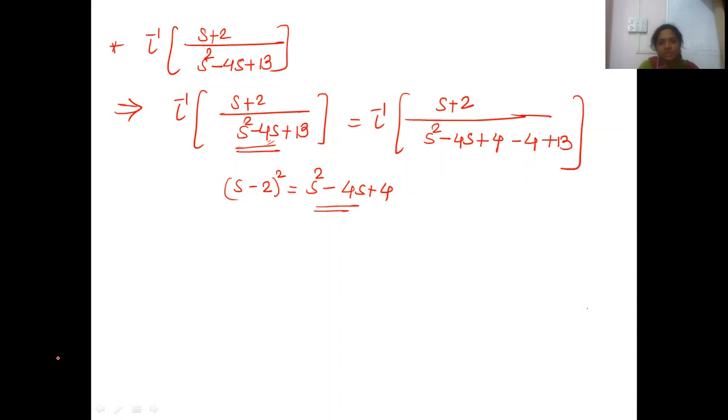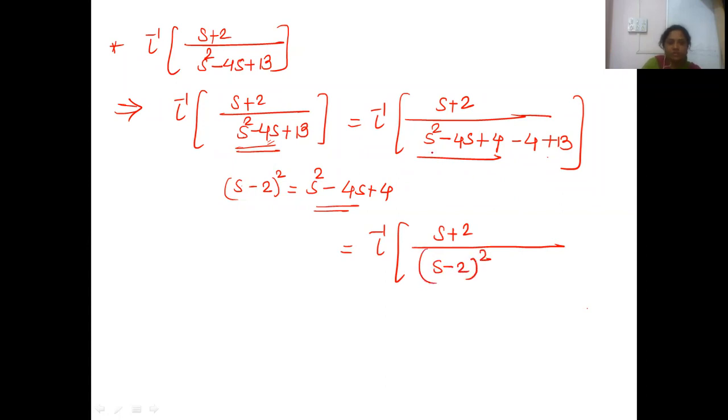Are you getting the steps now? You are trying to make it a perfect square. From this number, I have identified this is the square of this. For this square, we'll need 4, so I have added and subtracted, and the rest as it is. So it is Laplace inverse of s plus 2 upon, from this, s minus 2 whole square, the first three terms.